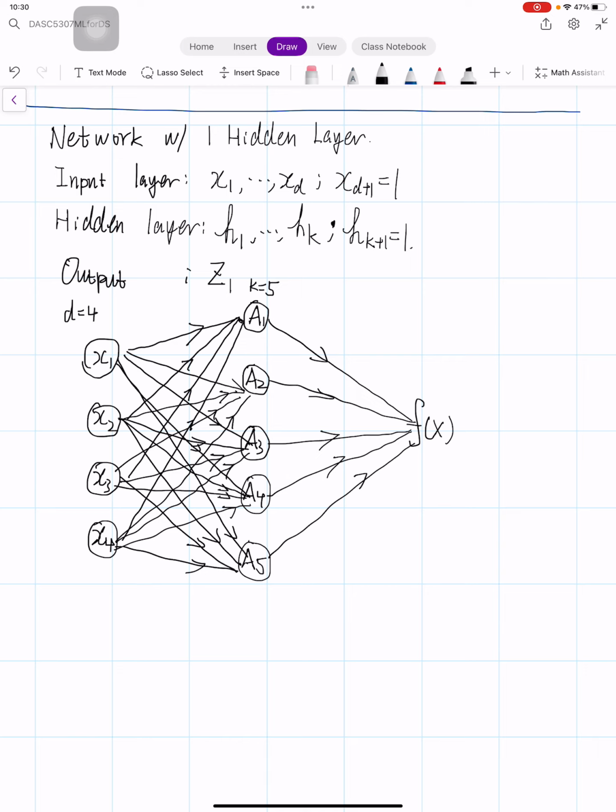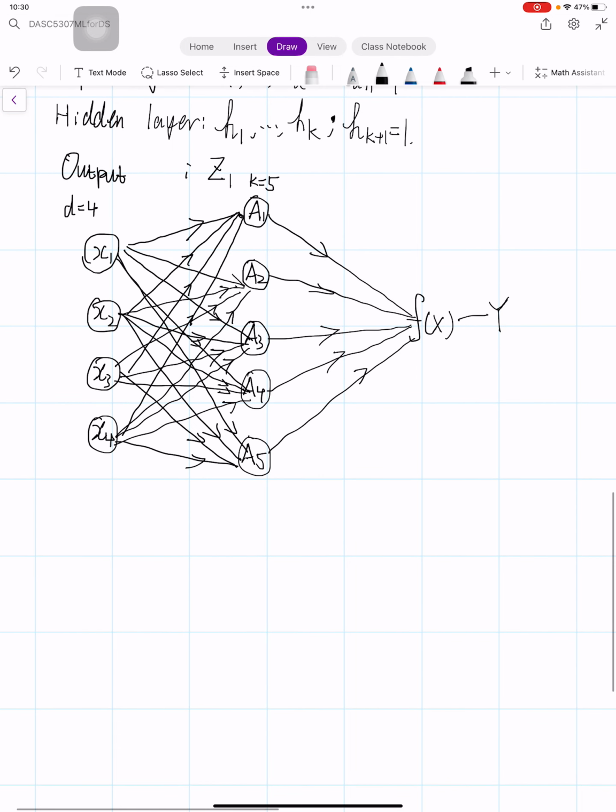We use this as our output y. So actually, the neural network model can also be rewritten as f(x).